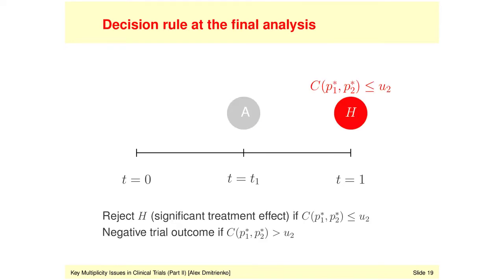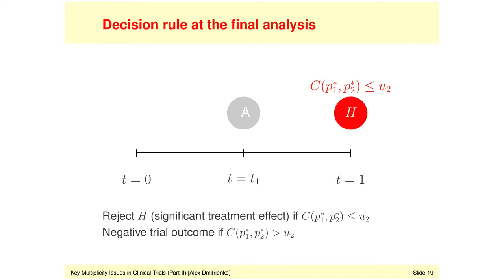Now, at the final analysis, instead of using the traditional standard p-value, p1, we're going to apply the predefined combination function to the two stage-wise p-values, and we're going to compare this combined p-value with the appropriate adjusted significance level denoted by U2. The null hypothesis of no effect will be rejected, which signifies that the treatment effect is beneficial, if this combined p-value is less than or equal to U2.